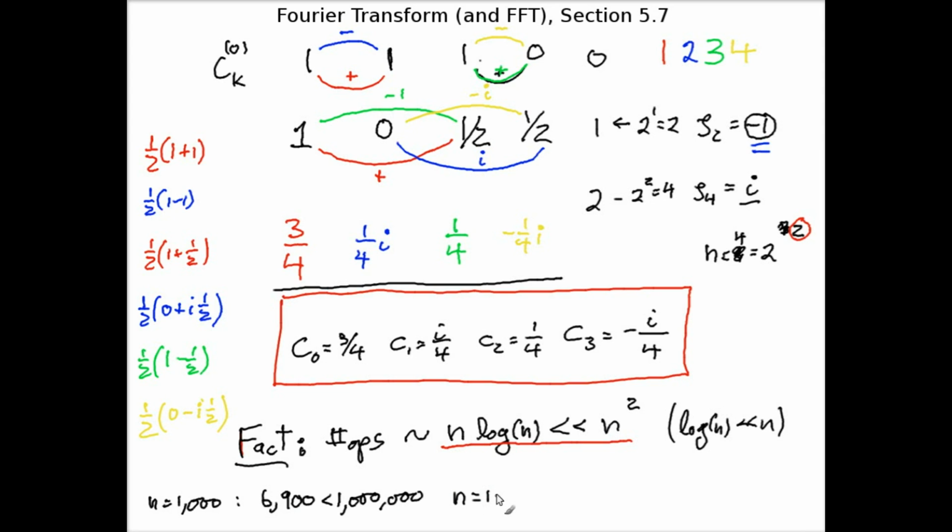And when n is 10,000, the left-hand side is 92,000, which is dramatically less than the right-hand side, which is 100 million. And so you can see clearly that as n gets bigger, the savings in doing the fast Fourier transform is enormous. And in any practical application of this stuff, you always use the fast Fourier transform.